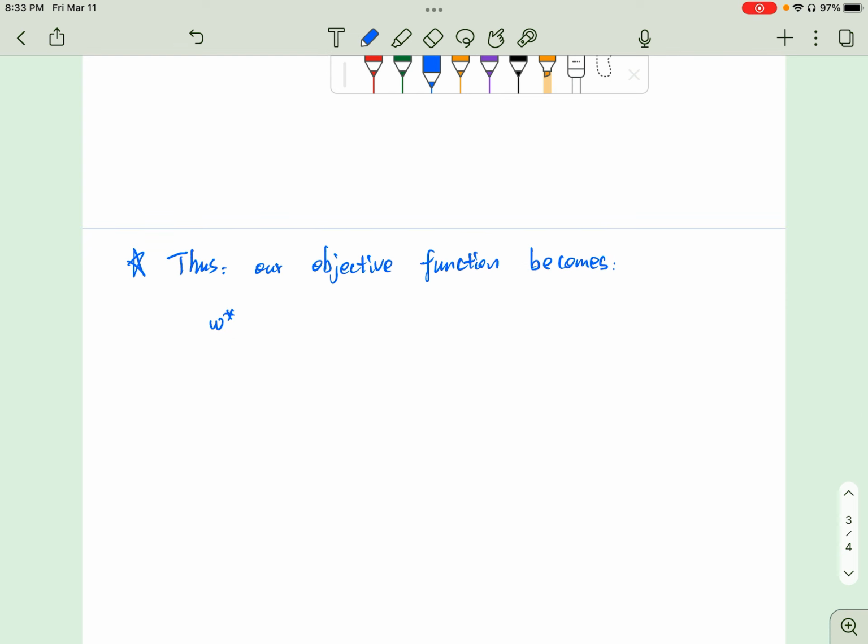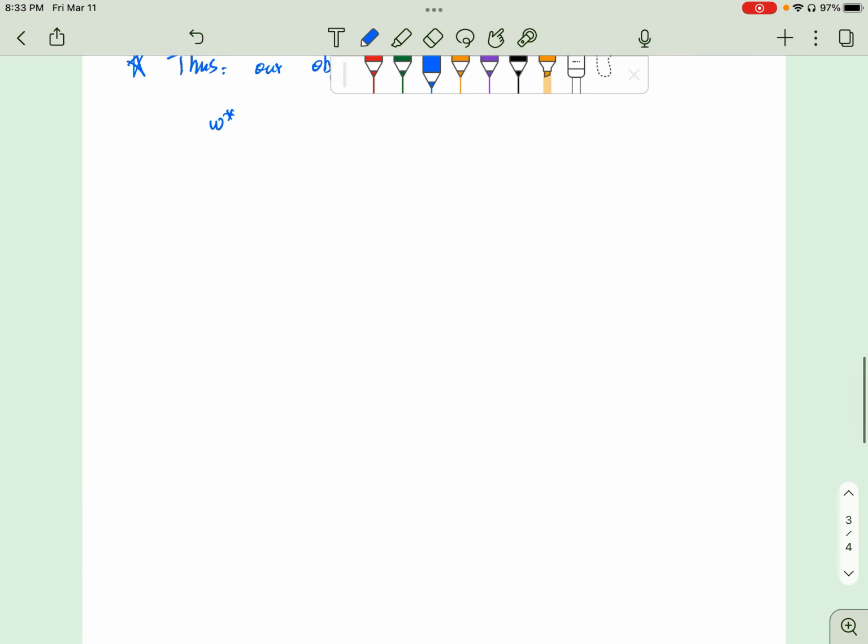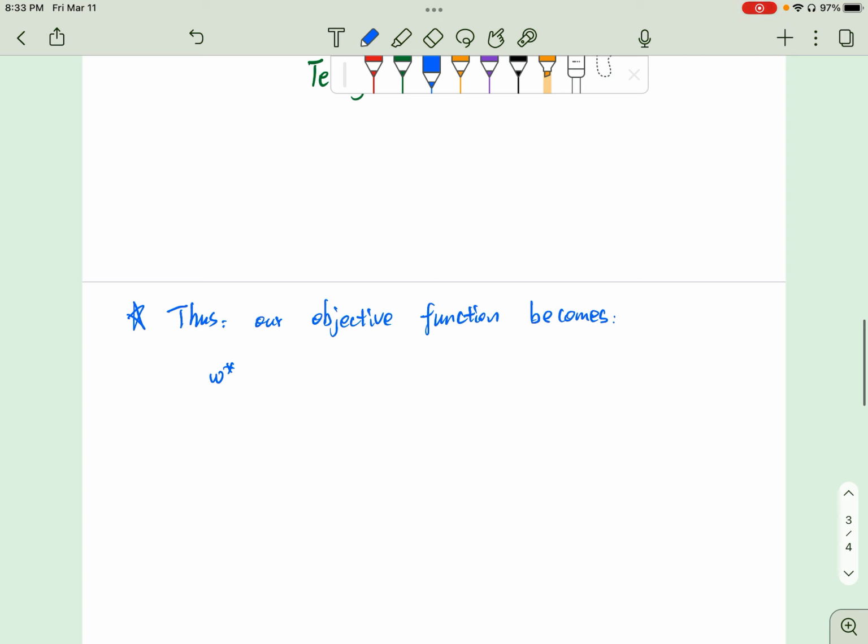Omega star is the optimized weights. Omega star is equal to argmin over omega, and this arrow is just a notation. And you remember what argmin is here. We will change our optimization problem to RSS(omega).